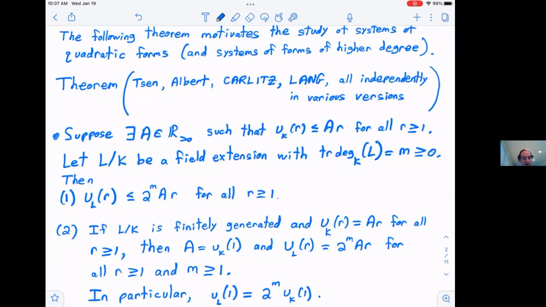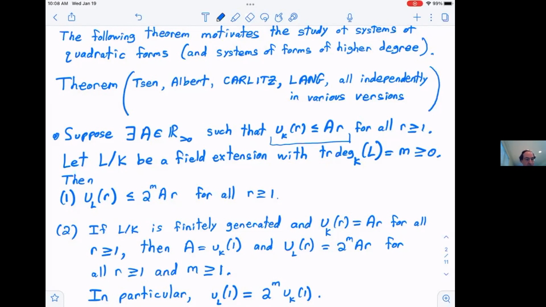Remember, transcendence degree 0 would just mean an algebraic extension. Then, with this hypothesis, 1, U sub L of R is less than or equal to 2 to the M times AR for all R greater than or equal to 1. So in other words, with this hypothesis, suddenly you have lots of information about systems of quadratic forms over function fields of any transcendence degree over the field.